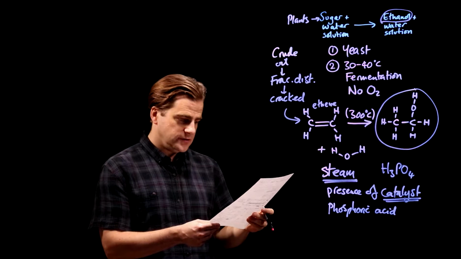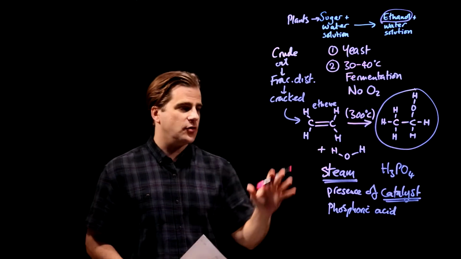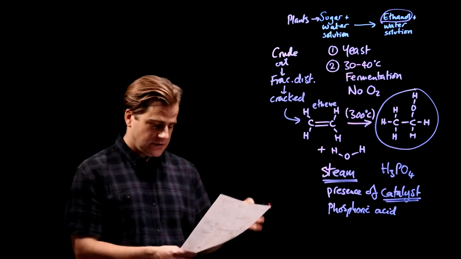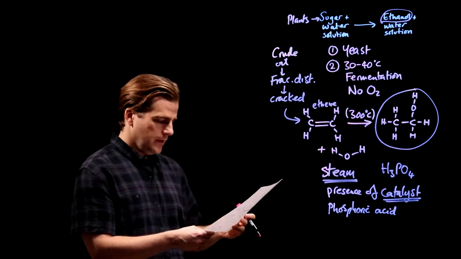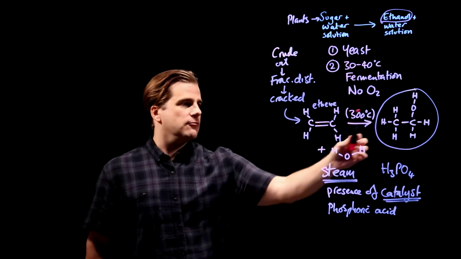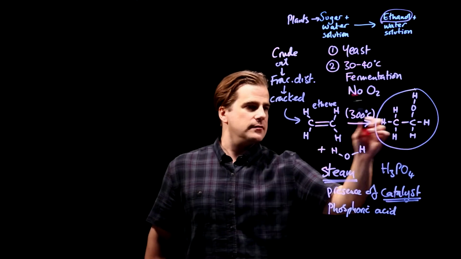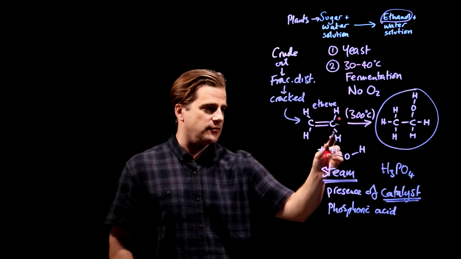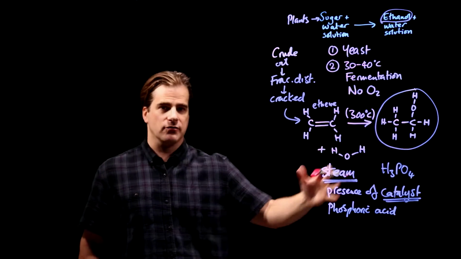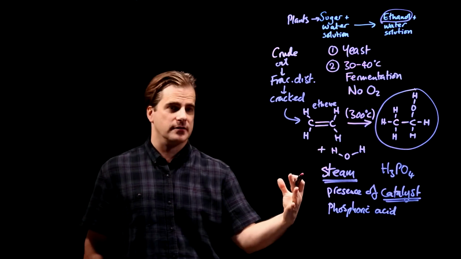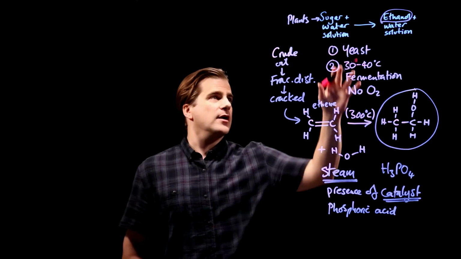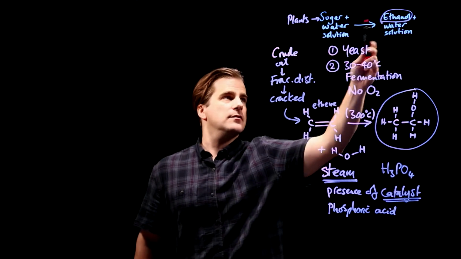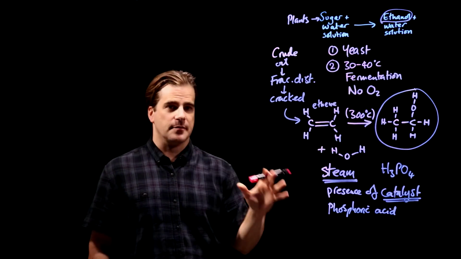Okay, another advantage of the crude oil method is that it's quicker. And the explanation is that the reaction vessel that this steam hydration is performed in is always running. It's a continuous process, okay? Whereas the yeast fermentation method is a batch process.